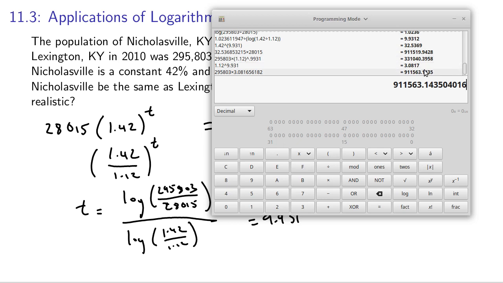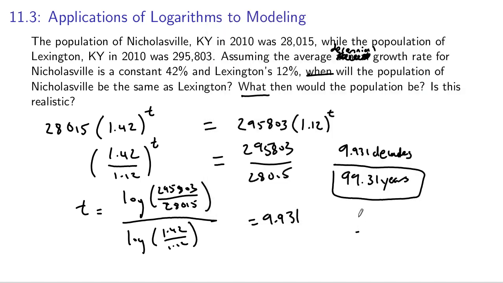This one was 19, this one was 563. We'll just use the second one. Both those answers are close enough to be right because we rounded the 9.931 a little bit. So 911,563 people.